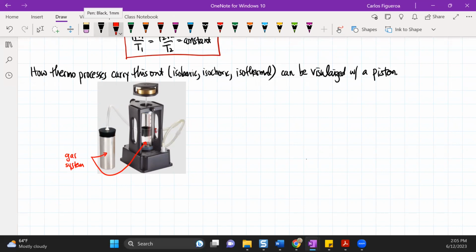Now, the other things that we know here: you can see there is a weight. So we can change this weight. If we change the weight, that immediately causes a change in pressure.